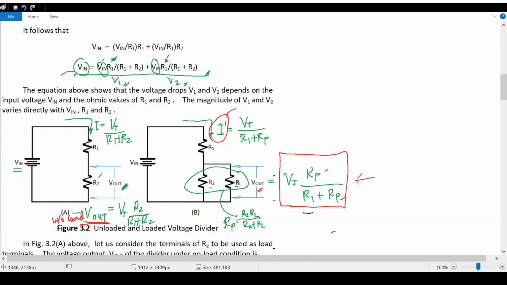Here is the V out loaded, and we expect a drop or decline of voltage output when loaded.